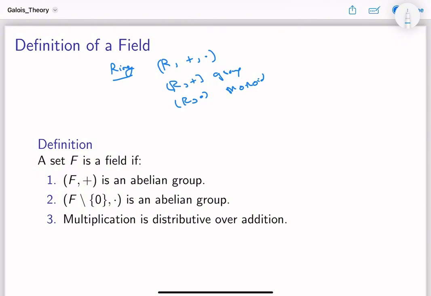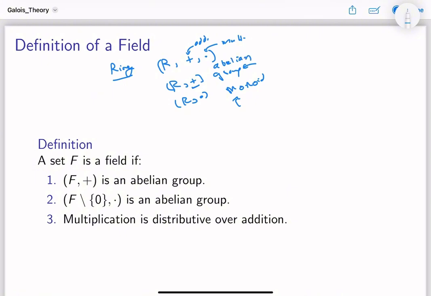A monoid is just like a group, but the elements don't have inverses. So a ring is just a set with two operations, addition and multiplication, where if you consider R with the plus, you get a group. You more specifically get an abelian group.